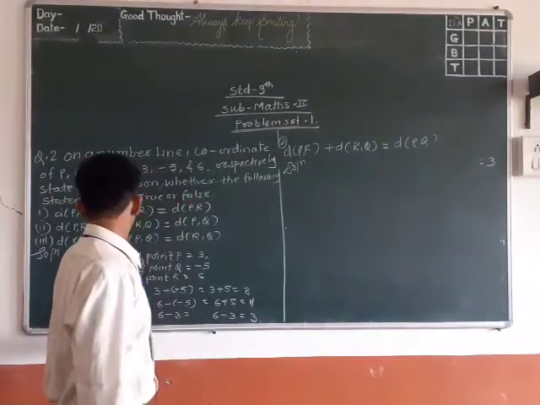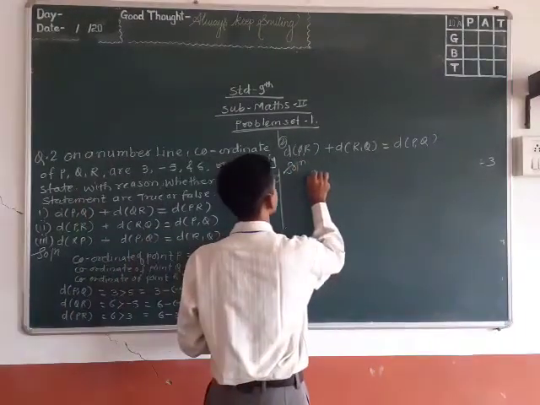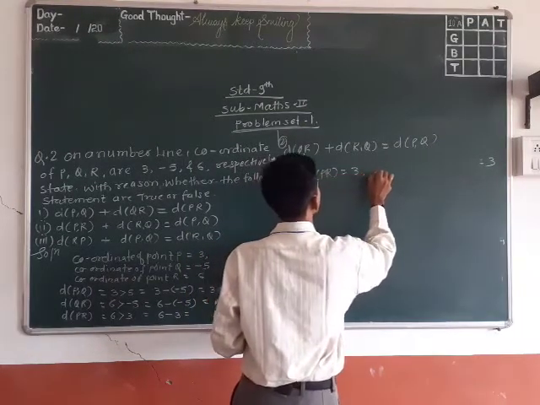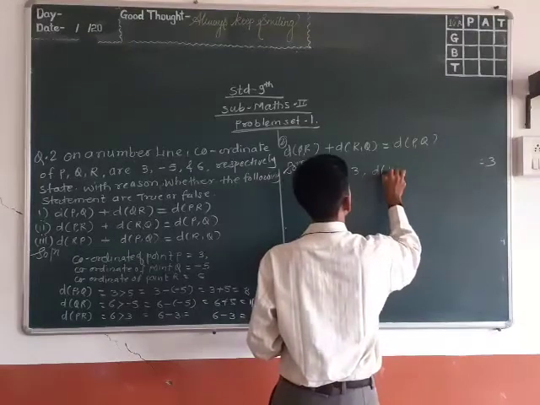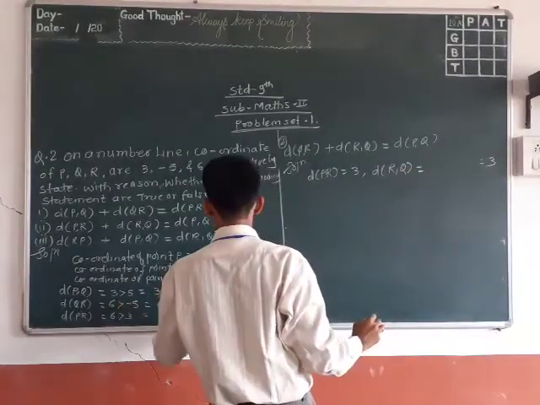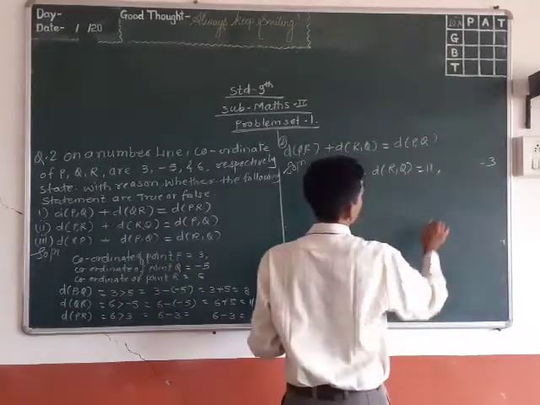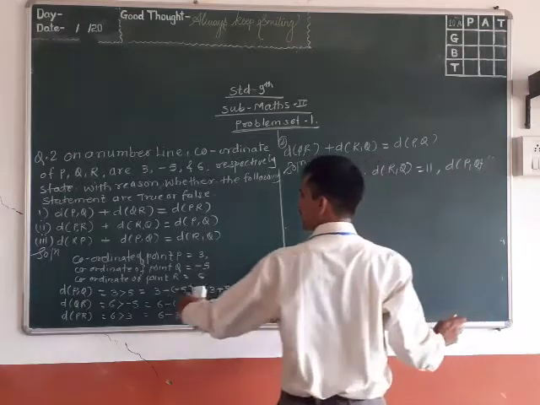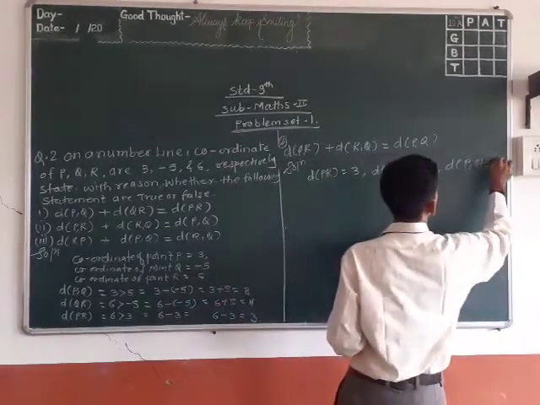Distance PR is equal to 3, distance RQ is equal to QR, which is 11, and distance PQ is equal to 8.